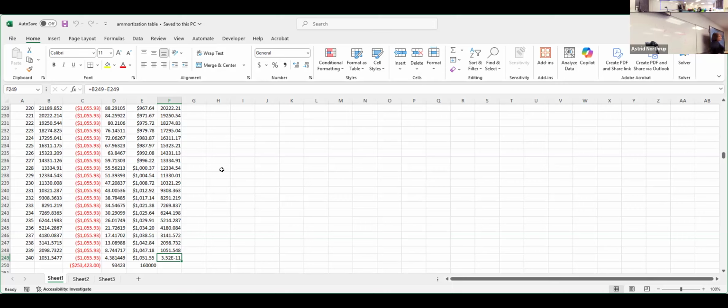I let it go because if you want a shorter period, like you're gonna buy a car, cars are generally bought for 6 years, 72 months, you would have a bunch of zeros and negatives after 72 months. But you can adjust it. Absolutely, that's right. So Excel can do a lot of really cool things for you.